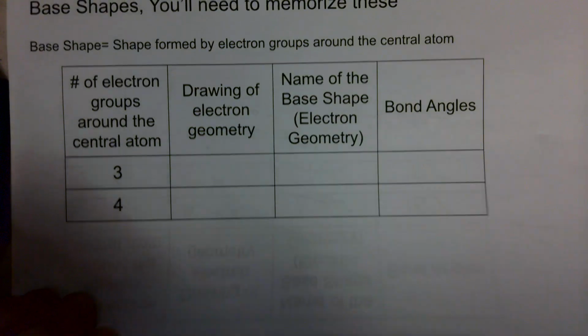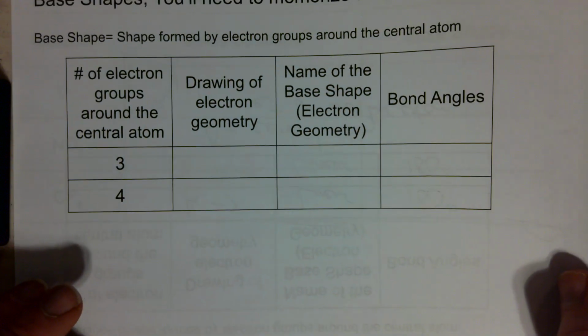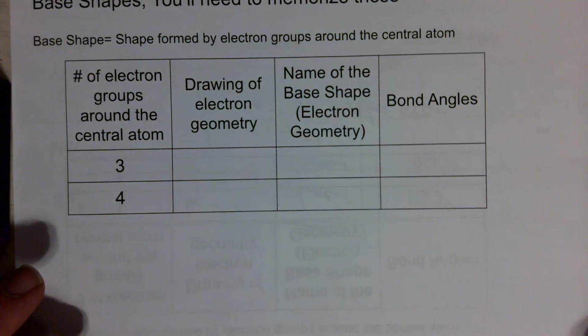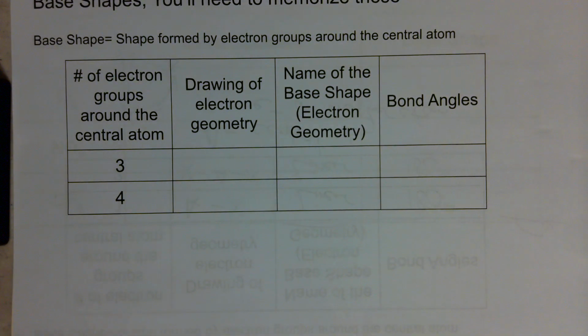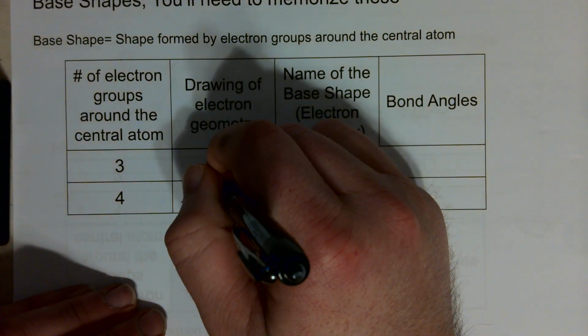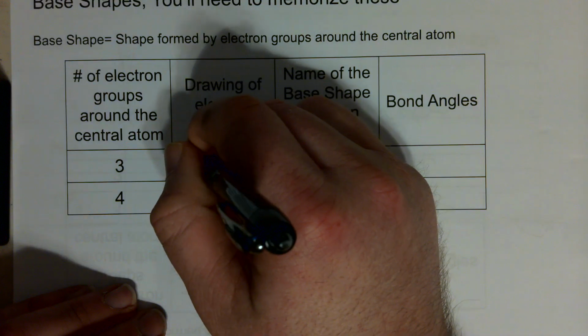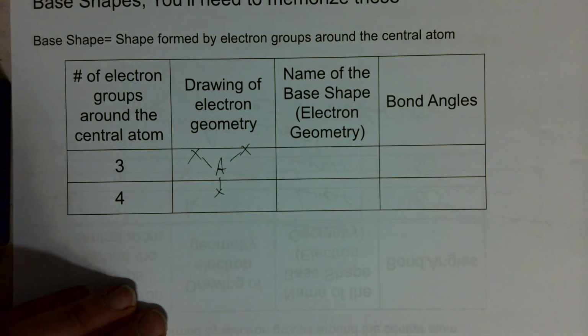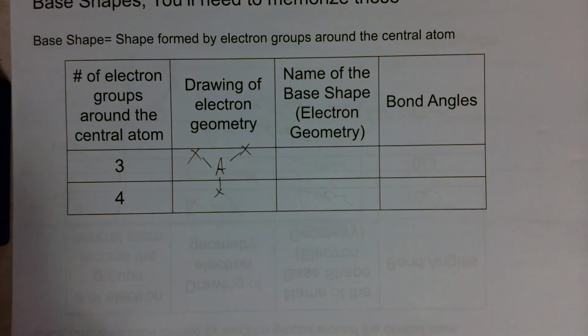But now I'm talking about three electron groups around my central atom. So I've got my central atom, 1 X, 2 X, 3 X. Now, it kind of looks like a triangle.